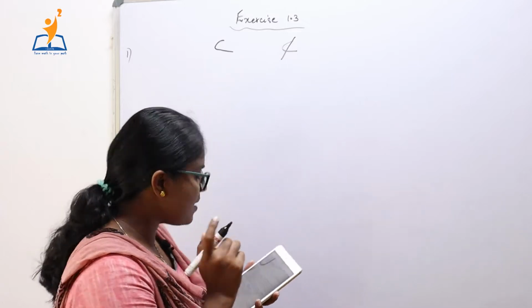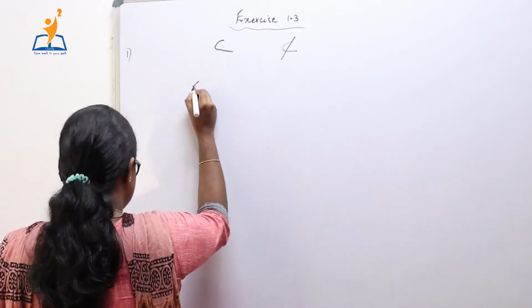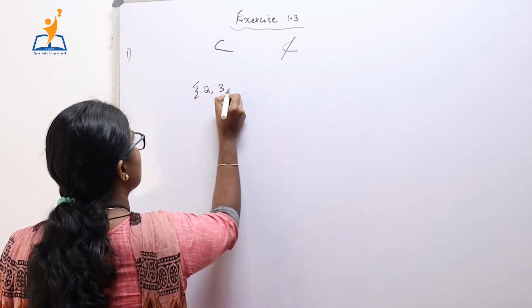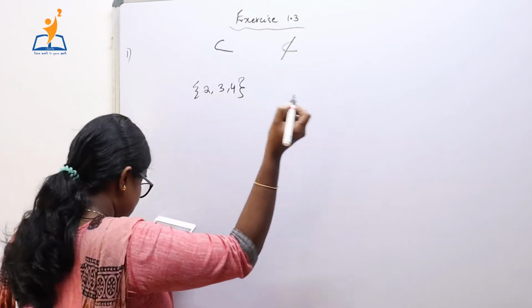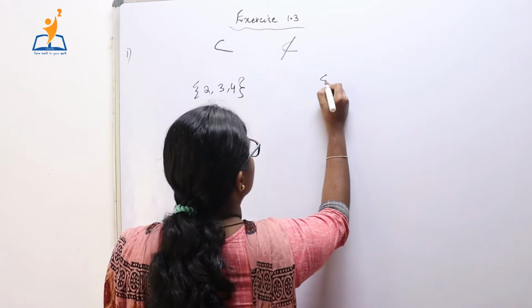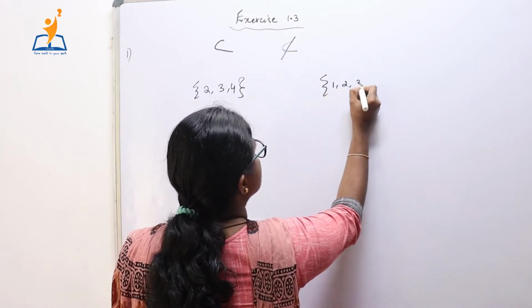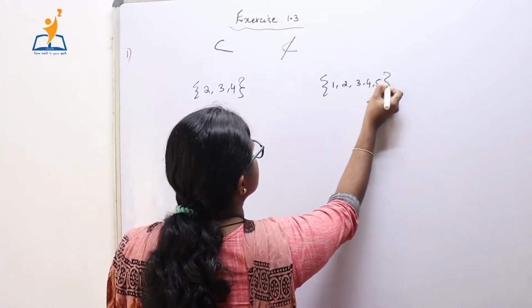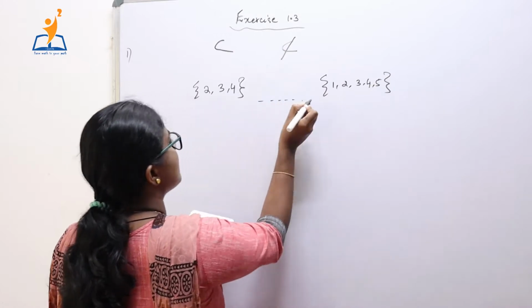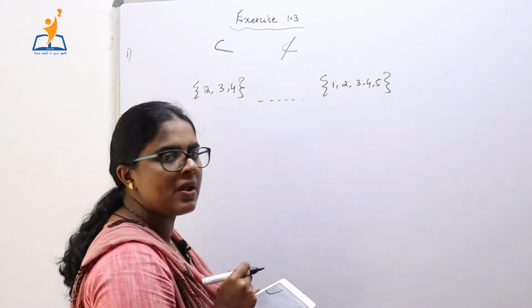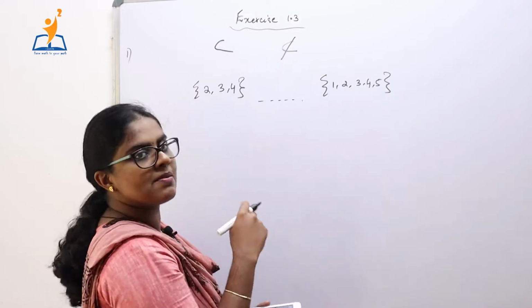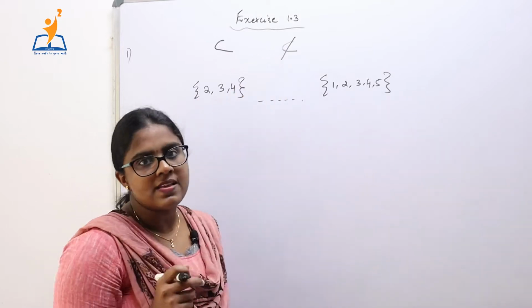The first statement given is: we have the set {2, 3, 4} and the set {1, 2, 3, 4, 5}. We have to fill this place using one of these two symbols.